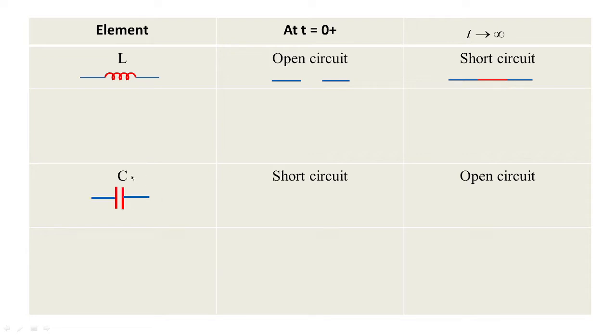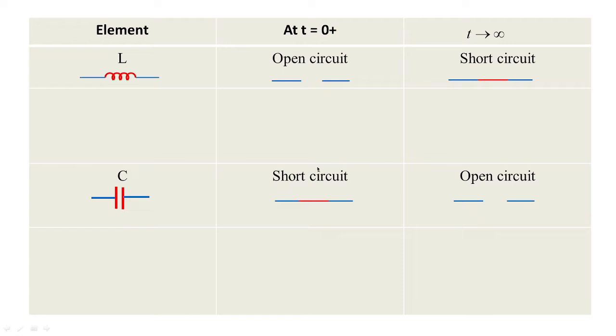When you consider the capacitor at t equal to 0 plus, that is as soon as the switch is closed, when the capacitor is uncharged, it behaves as short circuit, and for a long duration of time it behaves as open circuit.